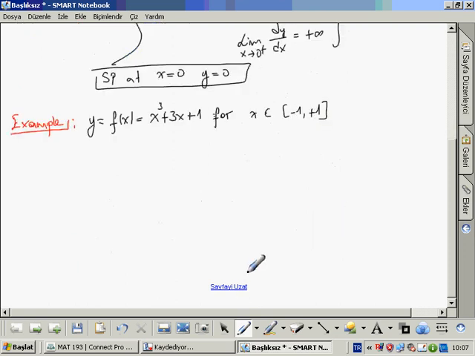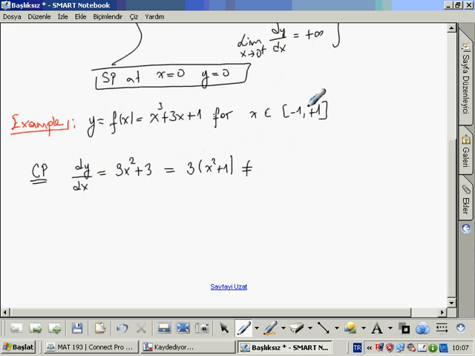For critical points, the derivative of the y function is 3x squared plus 3, and it is equal to 3 times x squared plus 1.